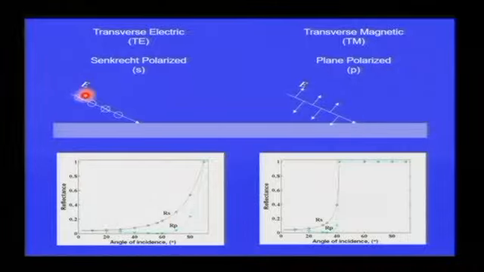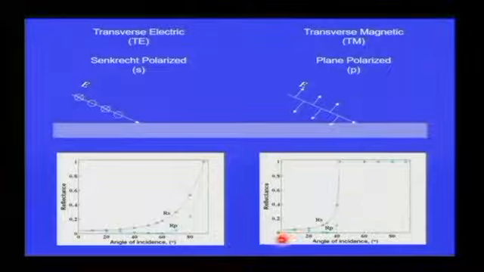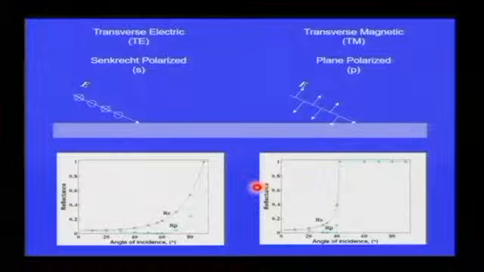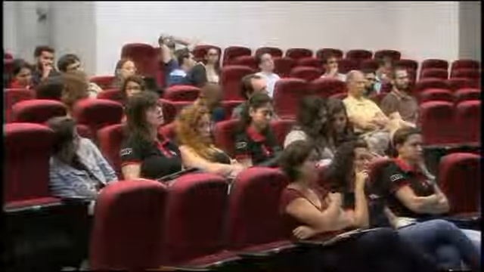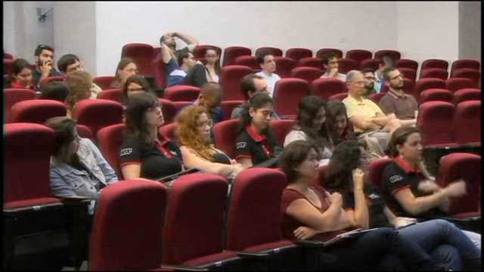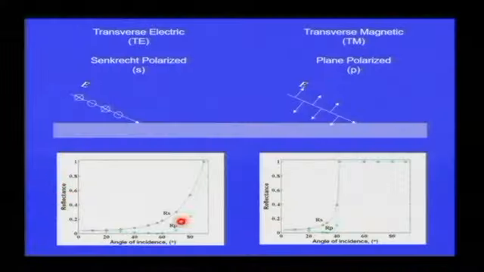This applies to the transverse magnetic and transverse electric components, TM and TE. This is well known, and these are the standard Fresnel equations. But these equations give us only the amplitude of the reflectance.